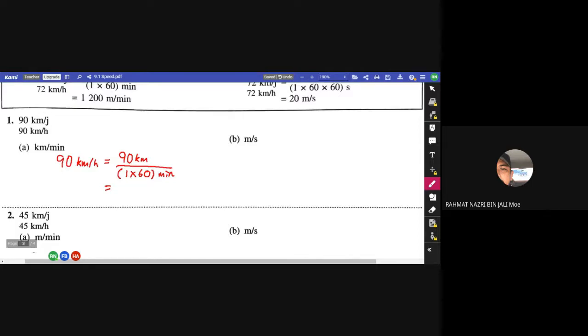Okay, correct. 1.5 kilometer per minute. Okay, so make sure, double confirm that we follow the instruction that your answer in kilometer per minute. So confirm.